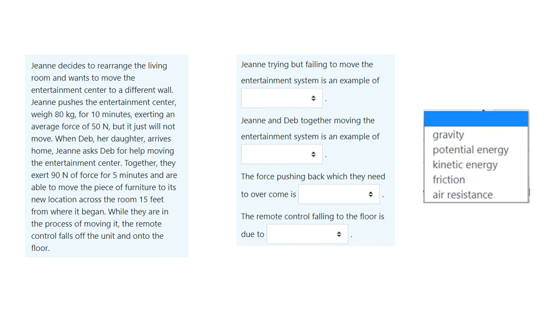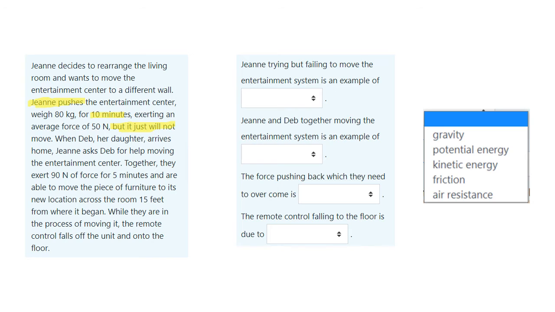Now, Jean decides to rearrange the living room and wants to move the entertainment center to a different wall. Jean pushes the entertainment center, which weighs 80 kilograms, for 10 minutes, exerting an average force of 50 newtons, but it will not move. Okay, so when she pushes by herself, even though she pushes for 10 minutes, it does not move.